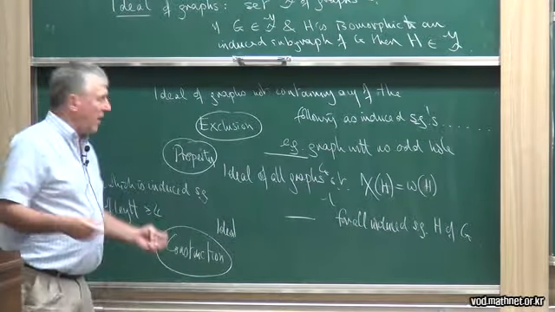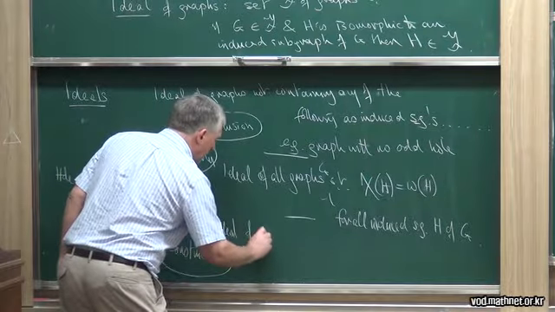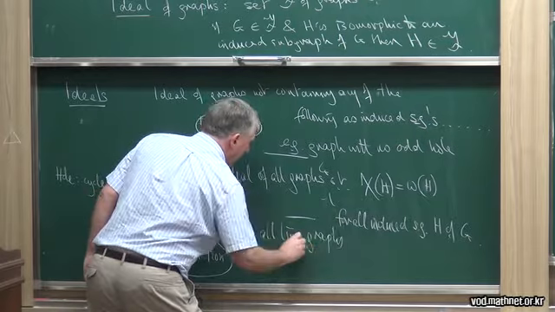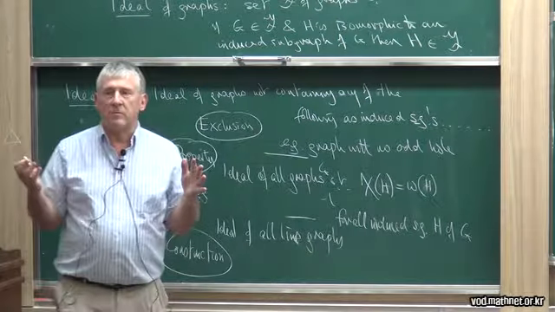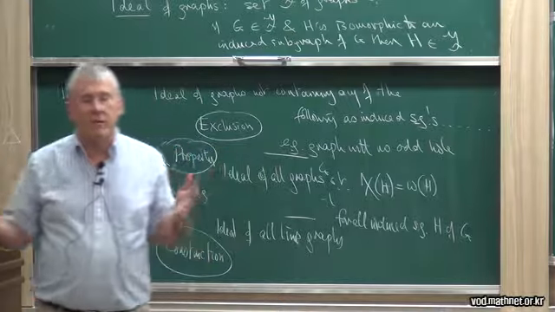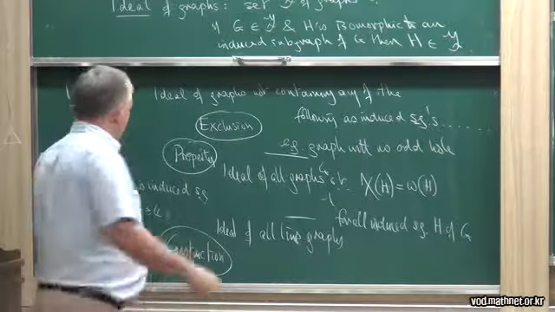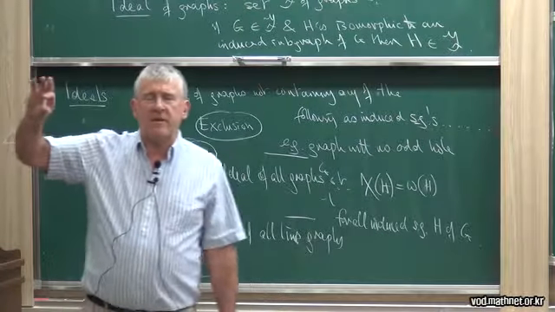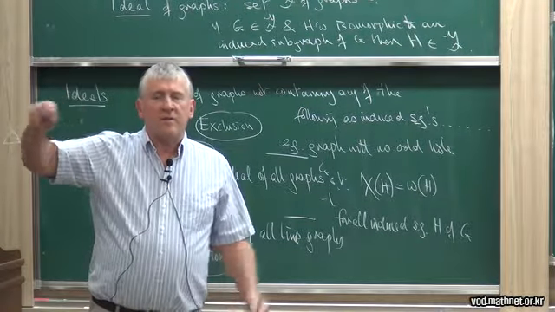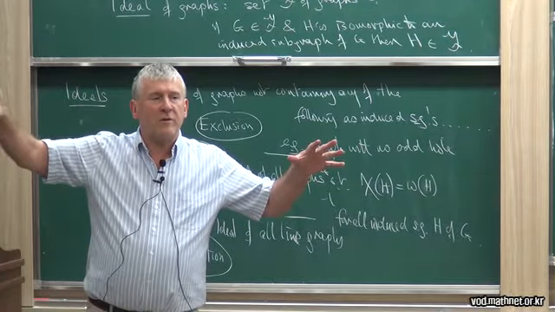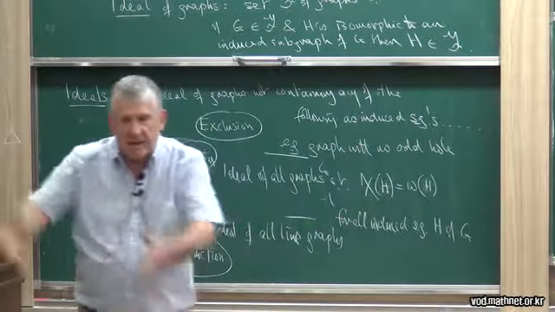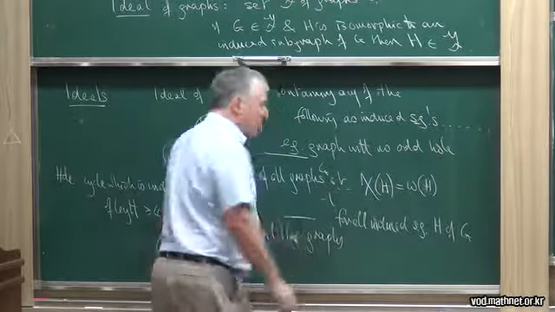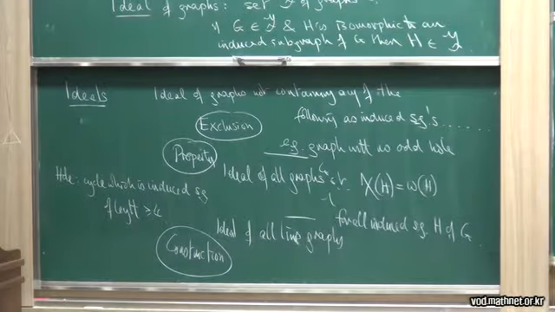For instance, the ideal of all line graphs, or, I don't know, the ideal of all bipartite graphs, graphs with some construction. But there are three different ways to define ideals. And you get nice theorems that when two of them are equivalent, the ideal of all graphs with this property is the same as the ideal of all graphs you can construct that way. I mean, there are pretty theorems like that, and that's what I want to talk about. That's what this series of talks is about.